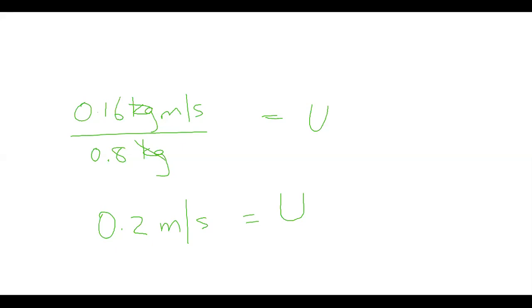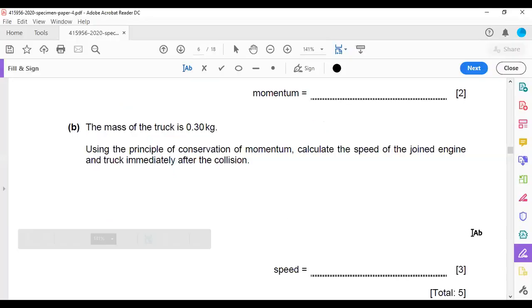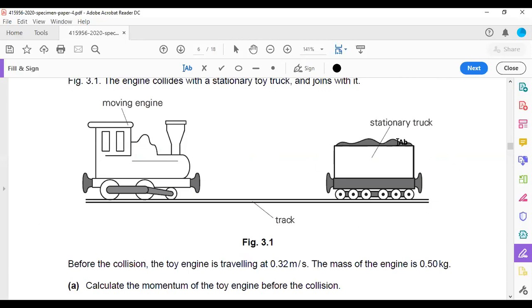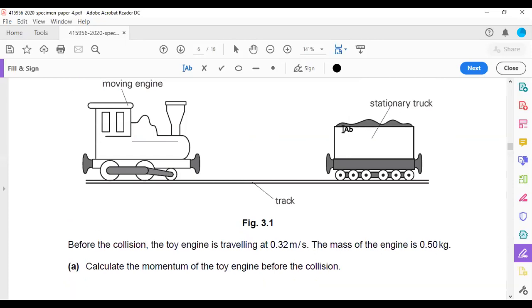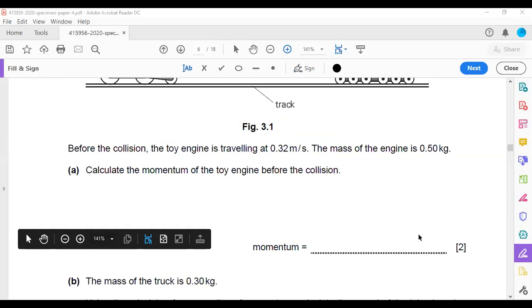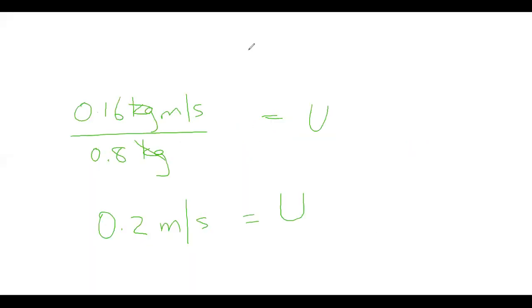So when it hit the stationary truck, it drags the truck in the direction it is moving at a velocity of 0.2 meter per second. Everybody okay with that so far?